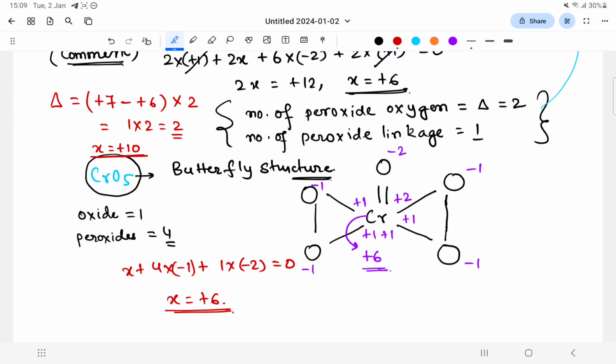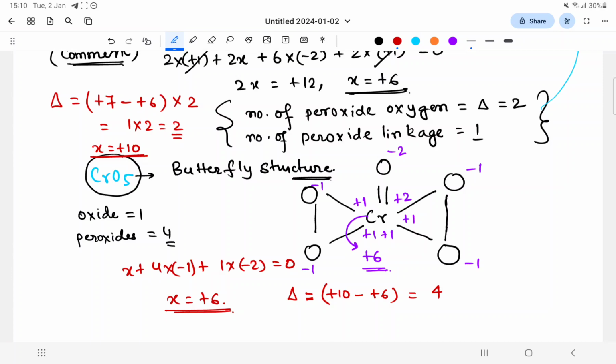Now tell me, use the formula: delta is equal to what? Plus 10 minus plus 6. So it is plus 6, plus 10 minus plus 6. So it is how much, guys? 4. So we have calculated that the delta value is 4.